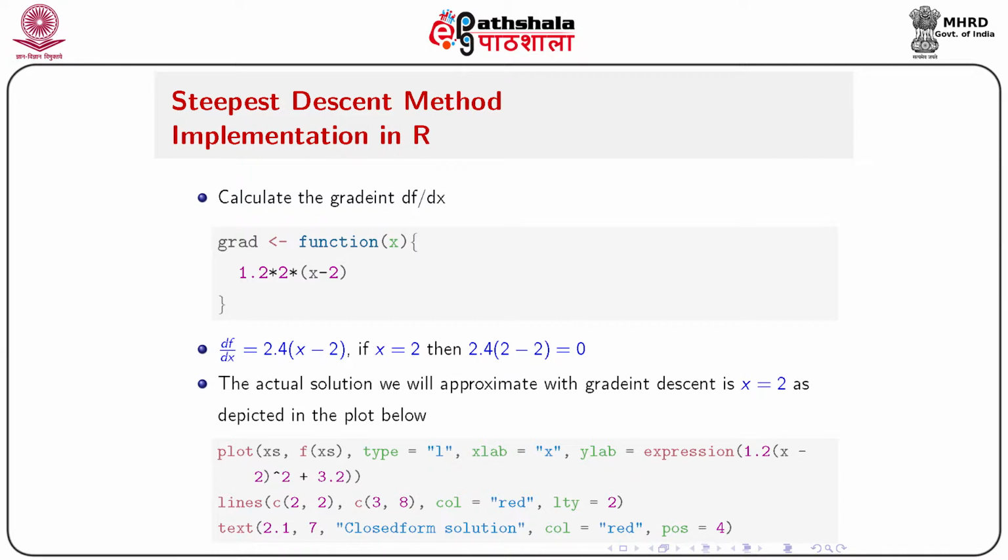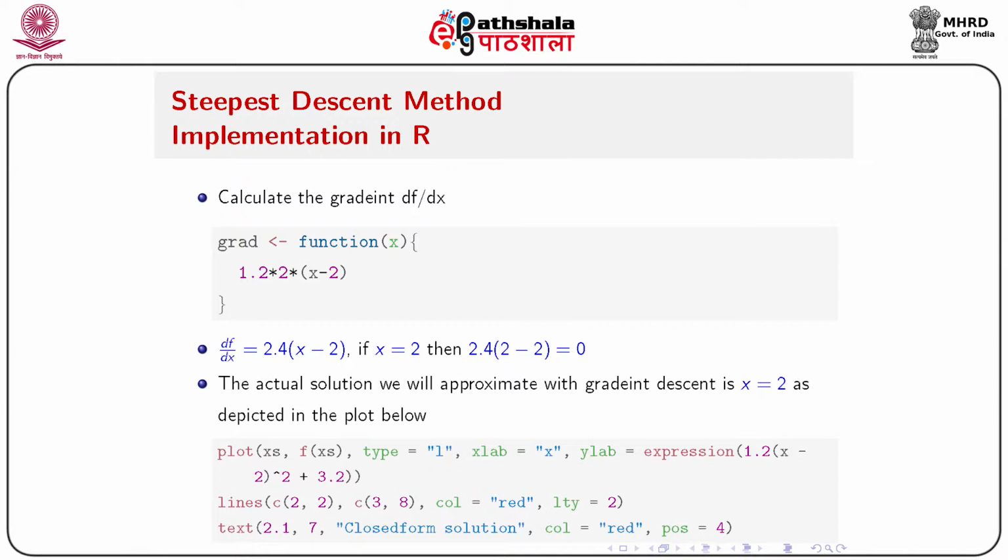This is the function that will give you the gradient value once you give the x argument. Because df by dx is actually 2.4, that is 1.2 into 2, so 2.4 into (x minus 2). If x equals 2, then easily we can see that there is a solution, because 2.4 into (2 minus 2) equals 0.